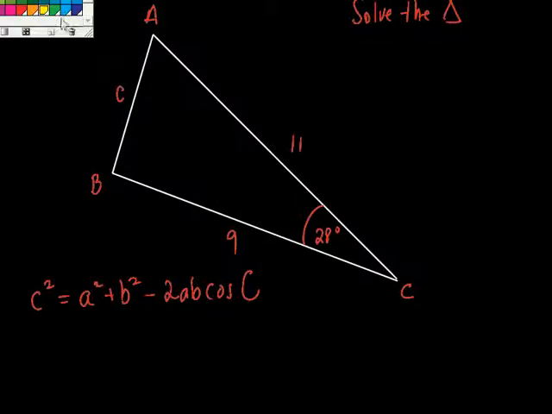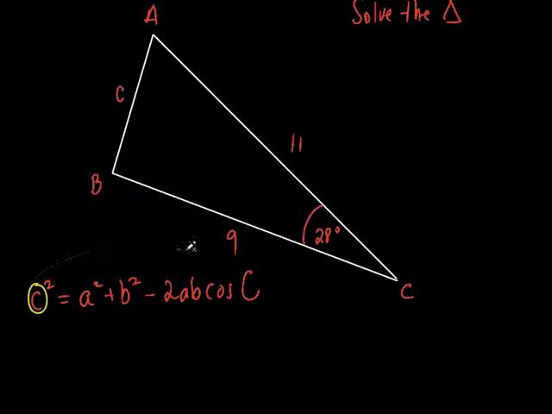So let's see what we have. Is the side C opposite the angle C in here? Absolutely it is. I know this is 28 degrees, so that's going to be the capital C. And this little c over here is opposite the 28, so that's what we're going to use.